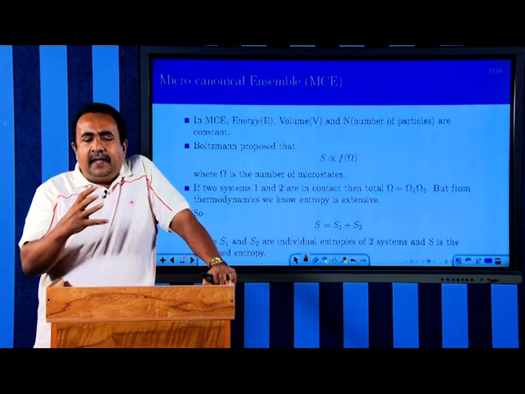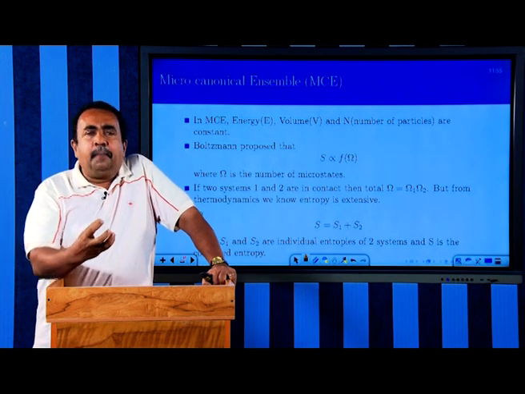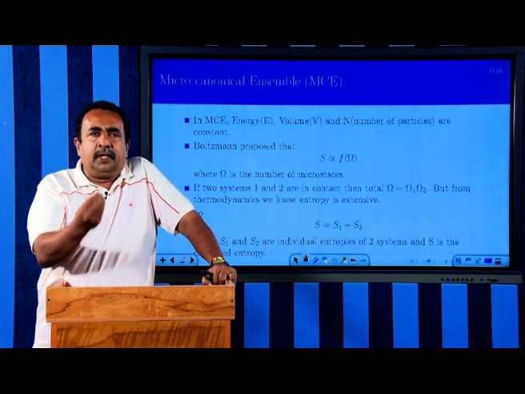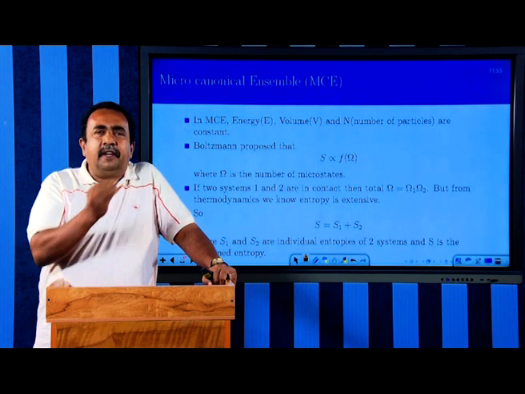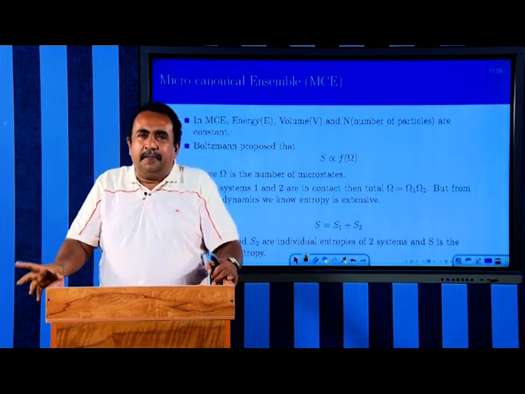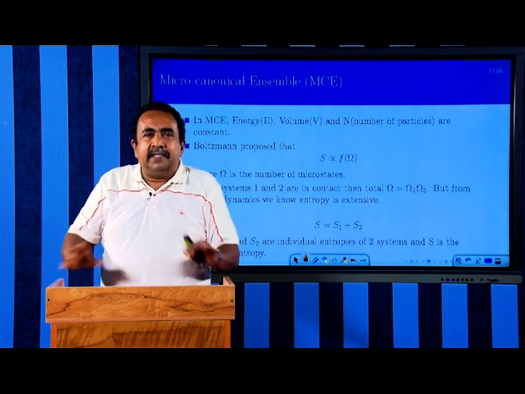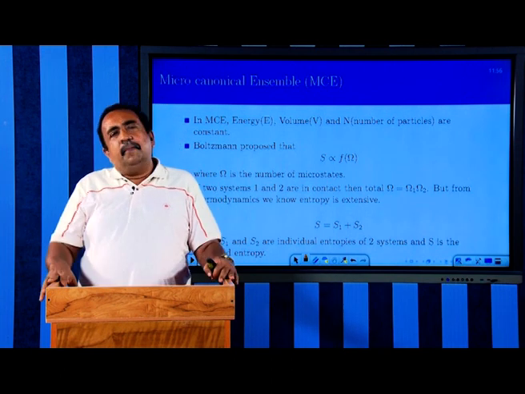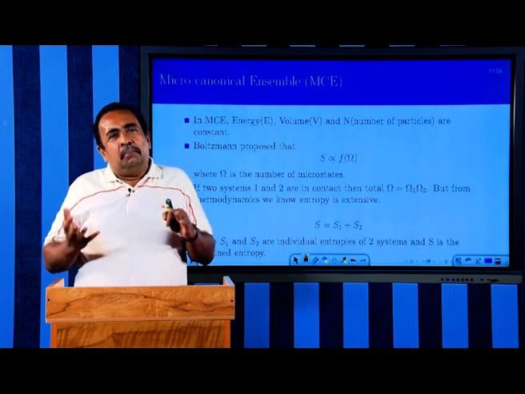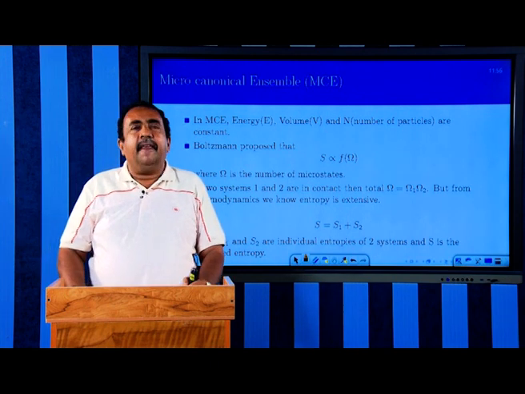Boltzmann said that the microscopic property, which he called a microstate, the possible number of microstates, will give you the macroscopic property entropy. Entropy is a macroscopic property. He said that S will be a function of omega, where omega is the number of microstates associated with the particle.